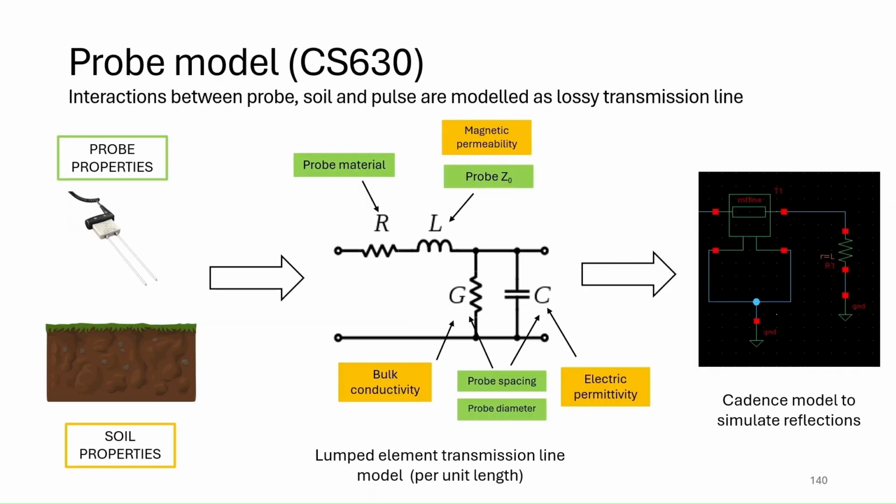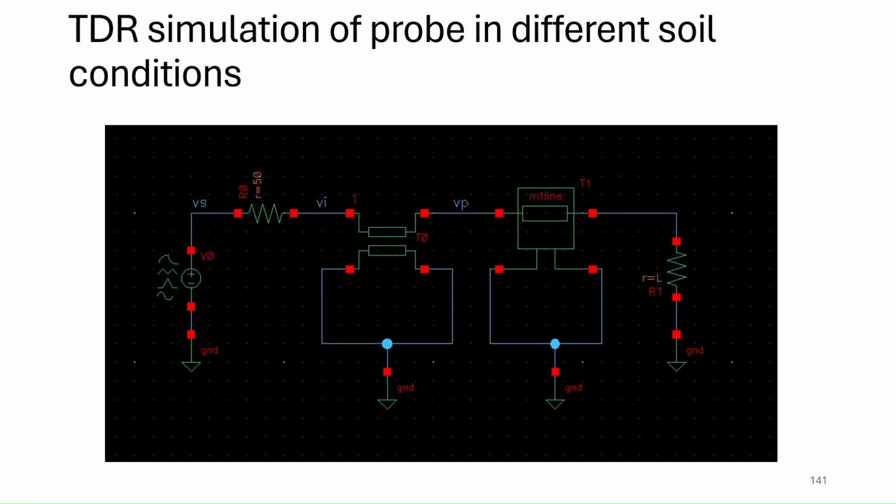This is one of the models that we are taking as reference, the CS630. And this is the Cadence model to simulate reflection, which we got access to through their academic program, so it was really useful.